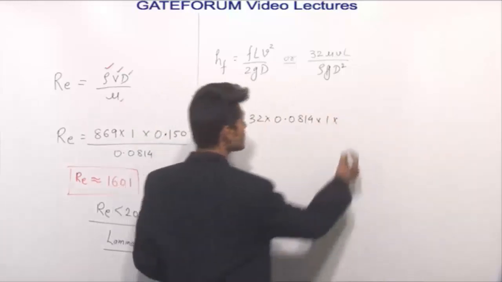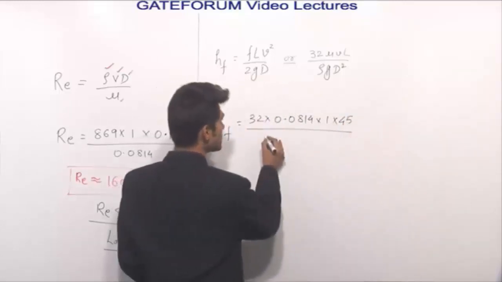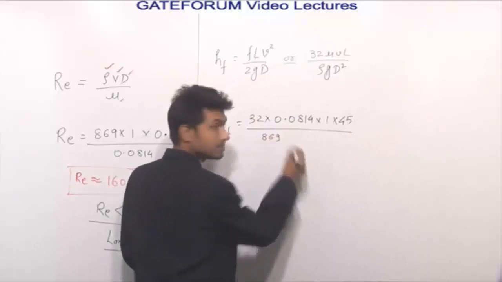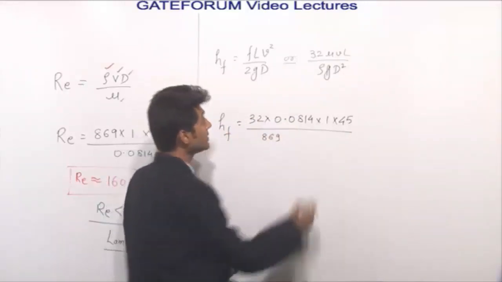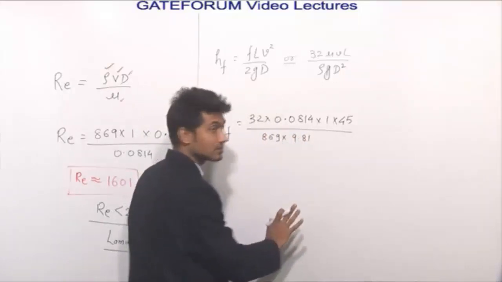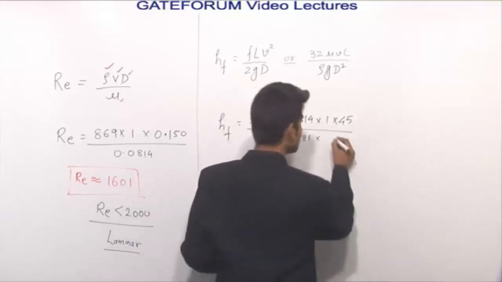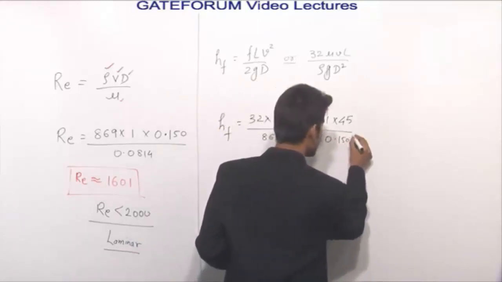Length of the pipe is given as 45 meter. Next, rho is given as 869, and the value of G is 9.81. You can take it as 10 since you are not having any calculator. And for diameter it is given as 0.150 whole square.